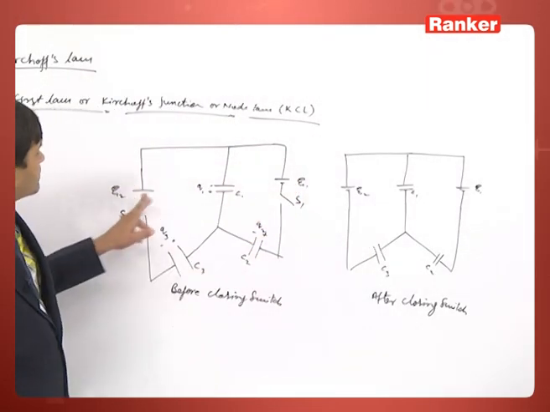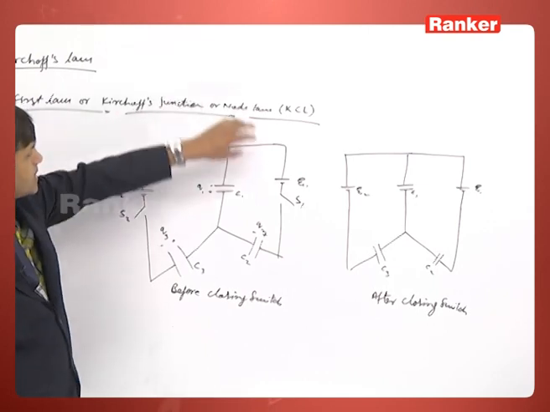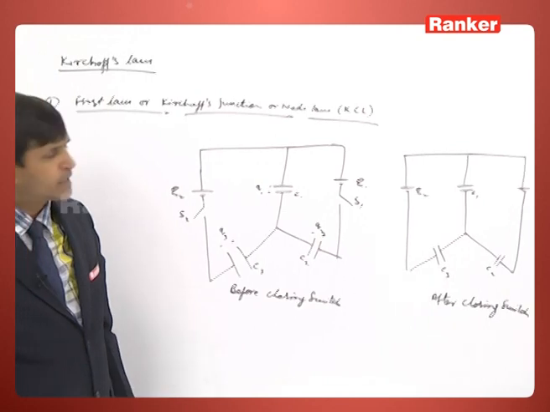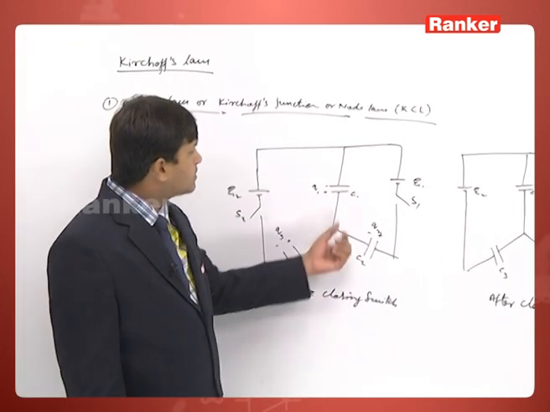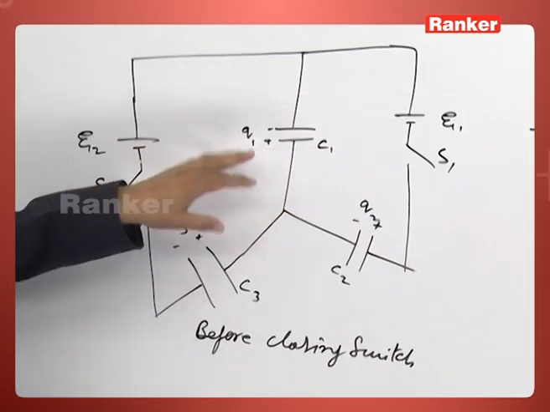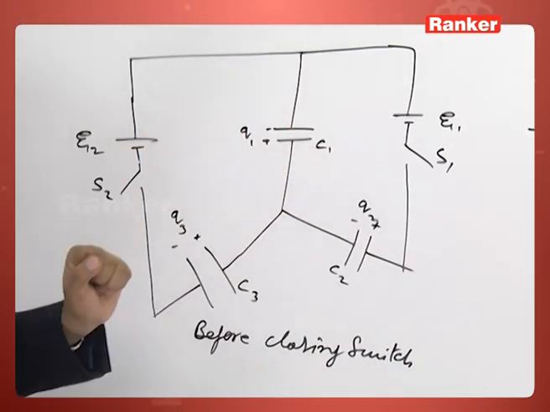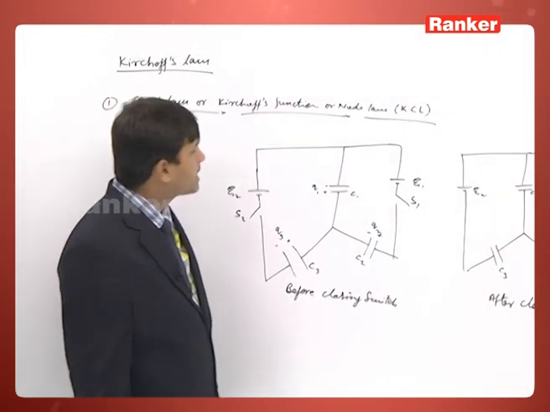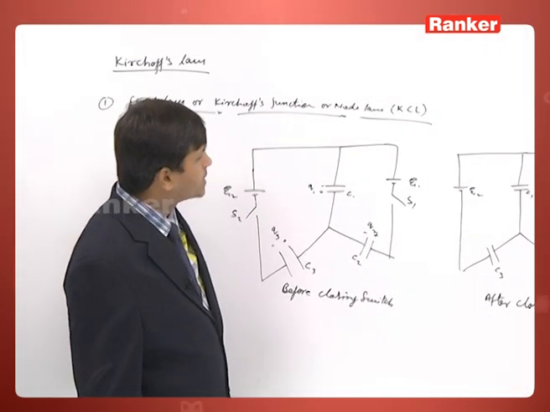Because of the presence of these two cells, the potential difference in these three capacitors is changing. So, to neutralize that potential difference, what will happen? Charge distribution on the capacitors starts changing. So, finally, the flow of charge will stop.